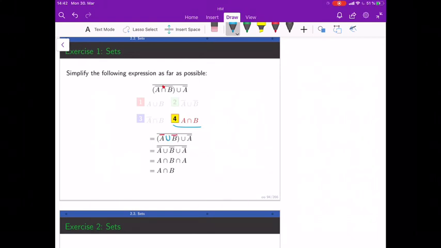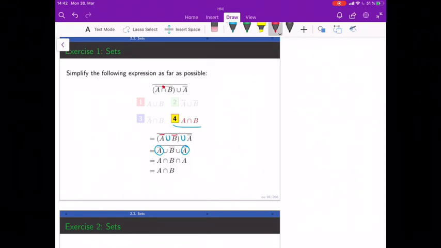Now I've got 3 times the same symbol, so I can leave the brackets off. That's my associative law. And obviously I've got A bar union not A, I can just combine them to one.